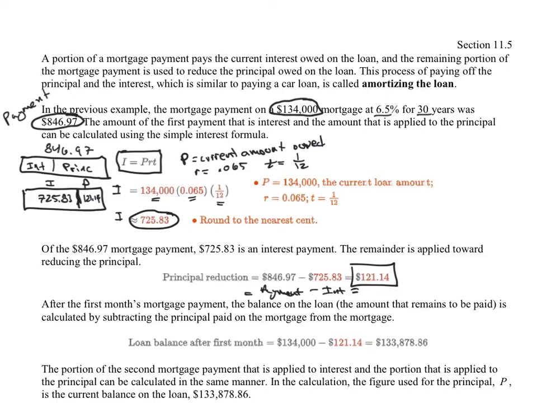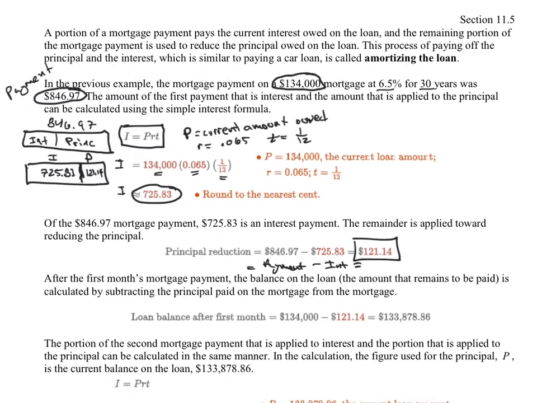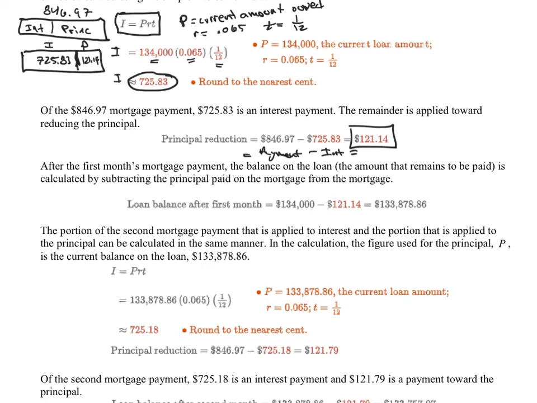So what does that mean? That means you made nearly an $850 payment. Of that $850 payment, roughly $725 of it went just towards interest, and only $120 approximately went towards your actual balance. So what do you do to calculate the next one? Well, to calculate the next one, we need the new loan balance.